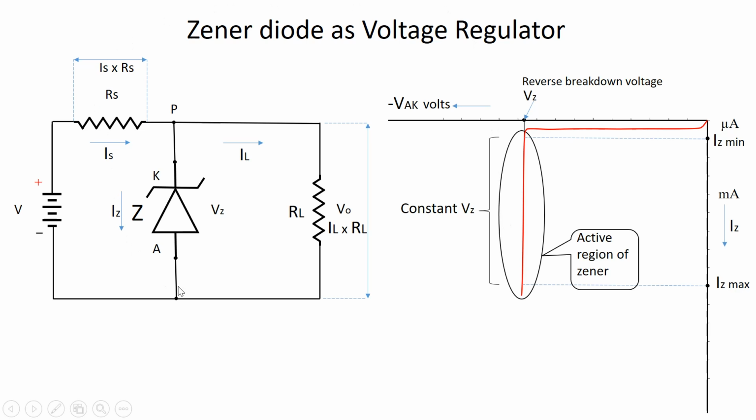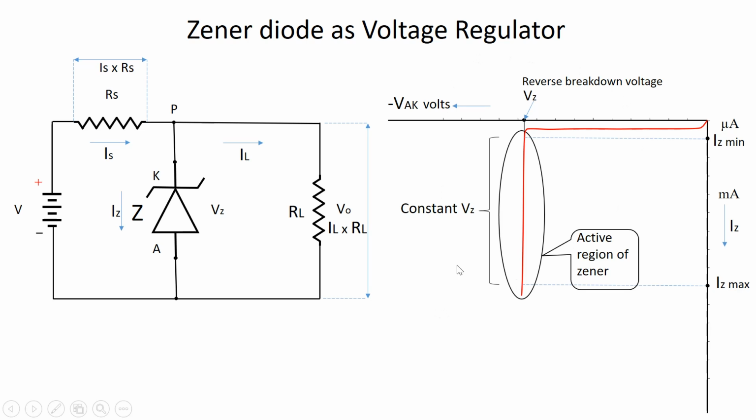In this circuit, the Zener diode Z along with the series resistance Rs take the major active role in maintaining the constant voltage V0 across the load resistance RL terminals here.